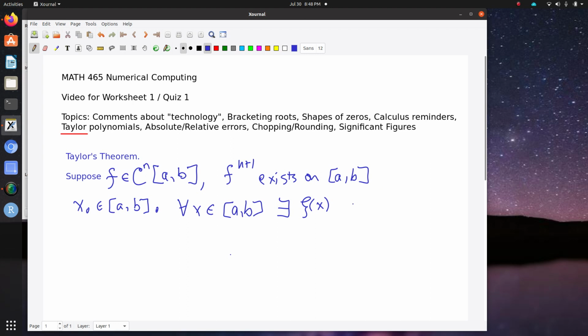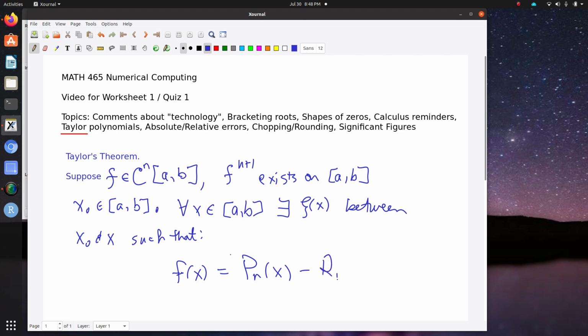All right, fine. All right, between what? Between x naught and x, such that, okay, f of x equals capital P of n x minus capital R of n x.